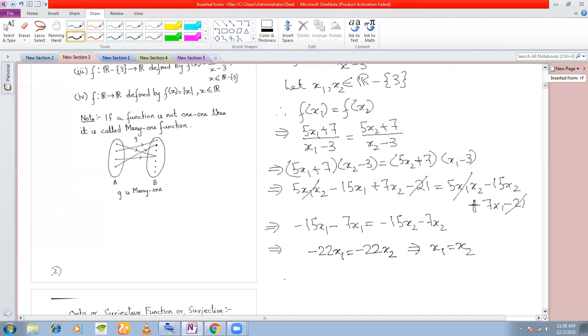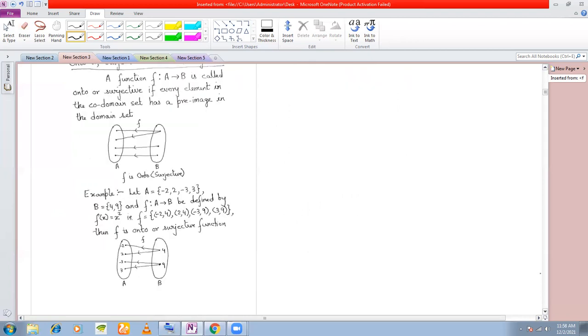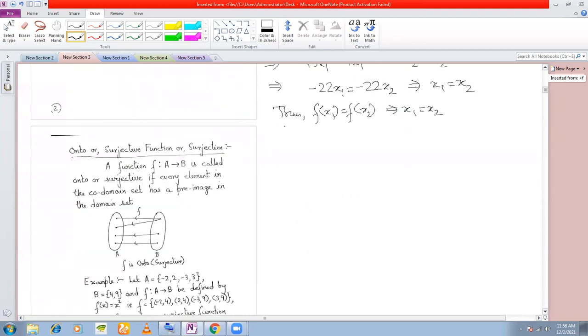So what you see here, that f(x1) is equal to f(x2) I started with, and I have shown that x1 is equal to x2. Then what can I say? Then here I can say, hence, f is a one-to-one or injective function.